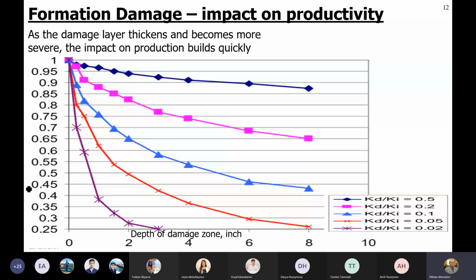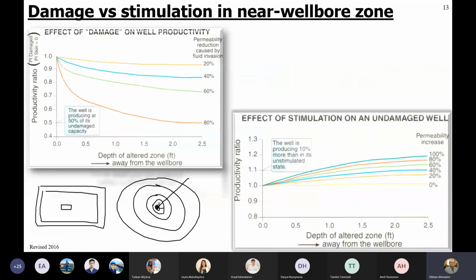So formation damage is a very important issue to consider, and to deal with great care and with a thoughtful approach.